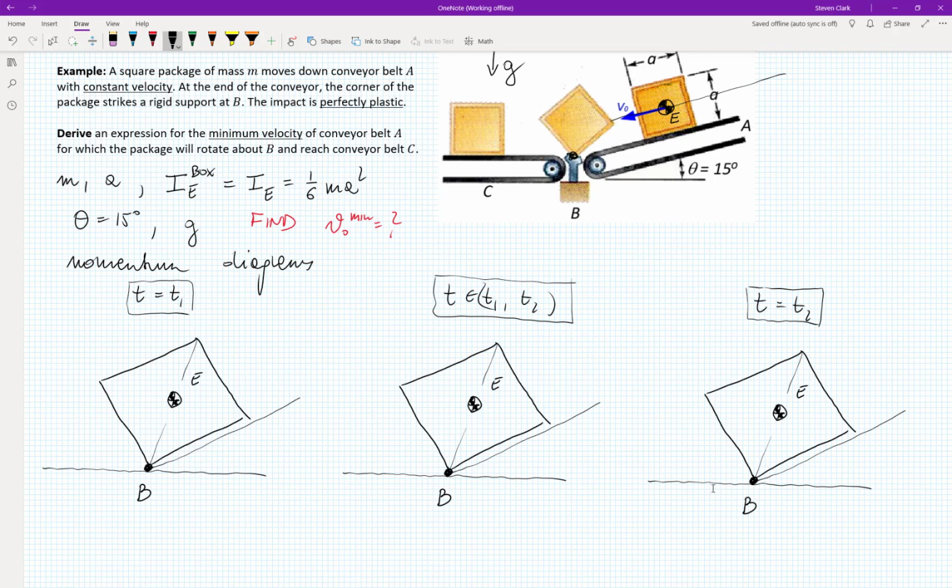Okay, so what is our momentum before? I think that our body just goes along this trajectory. And it does not rotate at all, yes? It just translates along that trajectory. In the end, B will become our pivot point. So we'll have omega-2 about B.